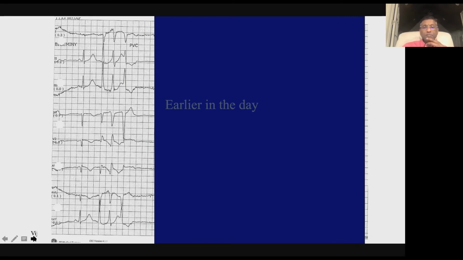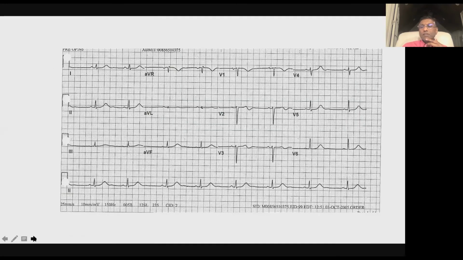And this is the baseline tracing. Let me see if this is helpful or not. Let me go to one more.